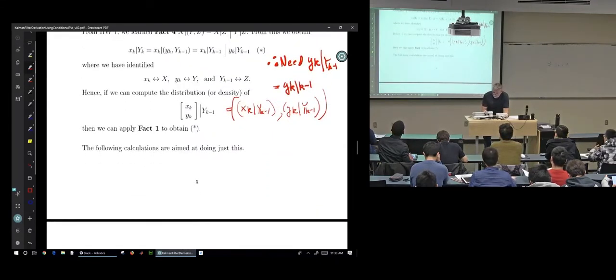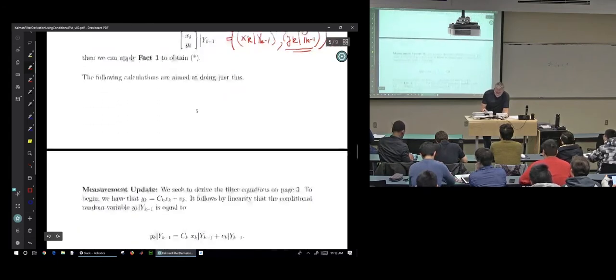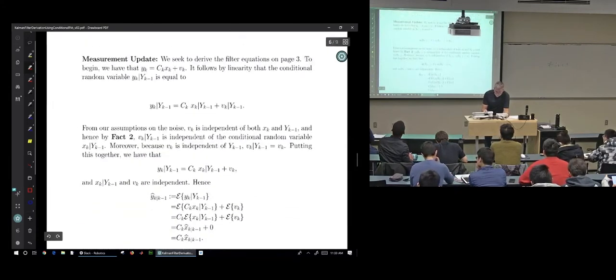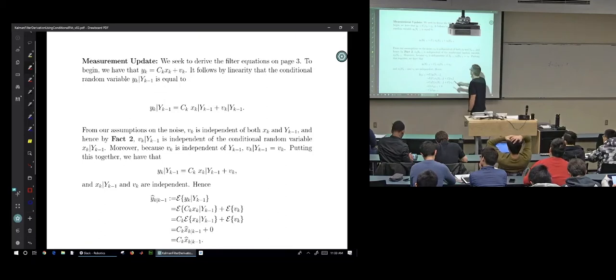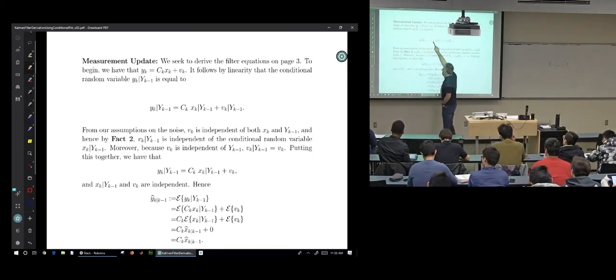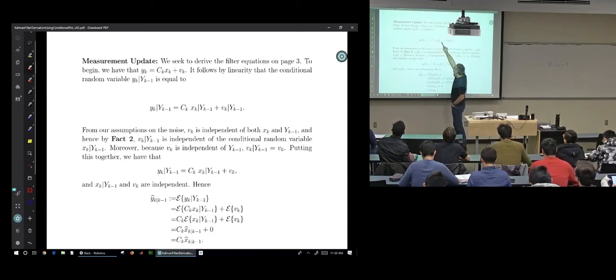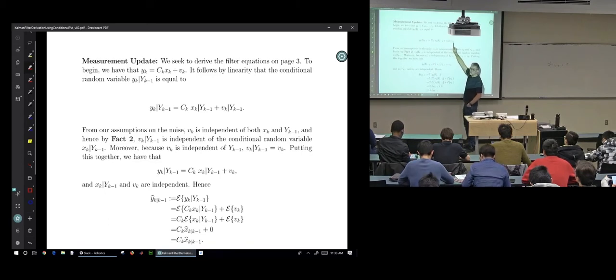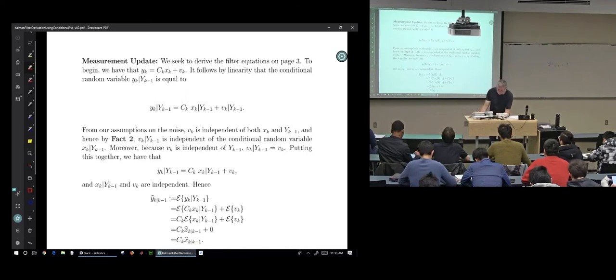What we don't have is this, so I need that. Okay, so the measurement is linear. So yk conditioned on Yk minus 1 is Ck times xk conditioned on Yk minus 1, plus the noise term conditioned on Yk minus 1. So that's just using linearity. So I'm trying to calculate the statistics of yk given Yk minus 1.